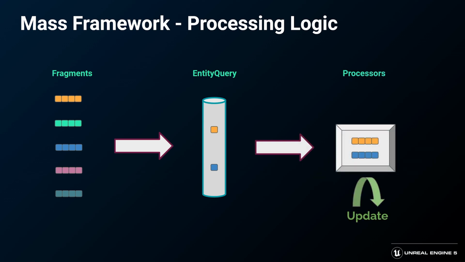For example, we could be updating the position fragment of all entities at once by reading from their velocity fragments, but that can only occur if an entity has both of these fragments. This segregation is what enforces data and code coherency, minimizes cache misses, and will trivialize concurrent execution in the future. These are the fundamentals that are pushing the limits on the numbers of entities we can simulate at once.